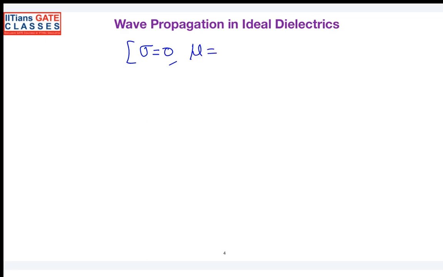So your mu is equal to mu naught for all ideal dielectrics. You can correct it there. In the last tangent I told only one point, that your conductivity is 0. But for all ideal dielectrics, not only is conductivity 0, but your relative permeability is 1. And of course, you have the epsilon value, that is epsilon naught into epsilon r.